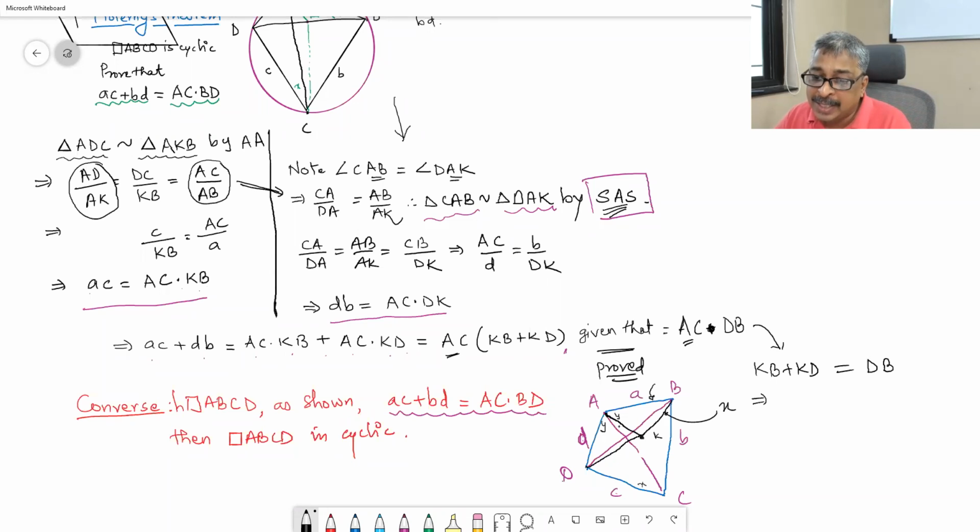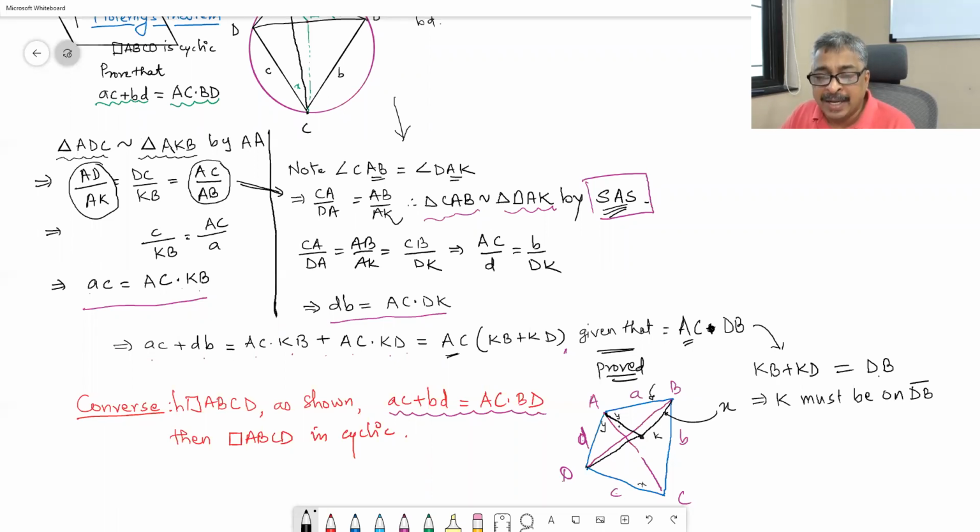This implies K must be on segment DB. Then only KB plus KD will be equal to DB. Okay. So the point K which we wanted to get now goes and sits on the diagonal DB.